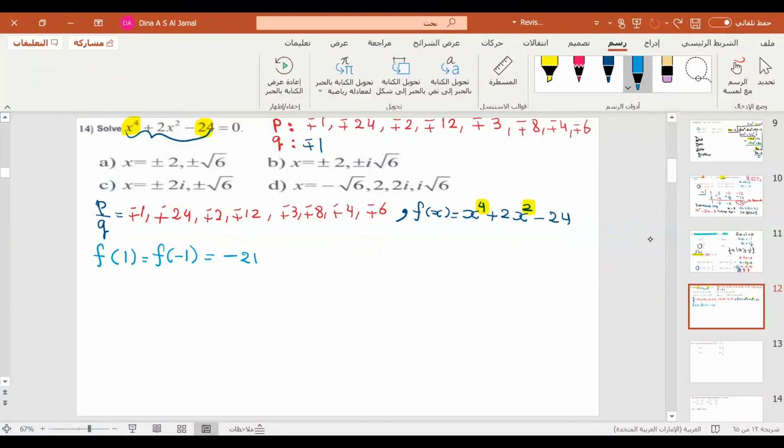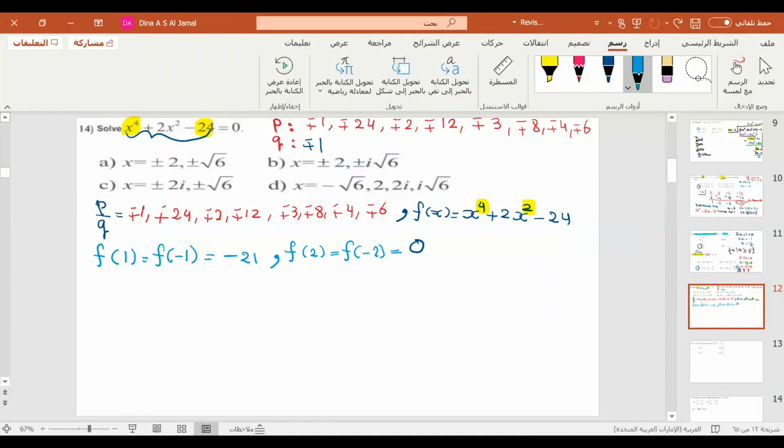Now, let's try the smaller than the bigger values. Always get used to do this. f of 2, which is the same as f of minus 2, as I said, even powers, and this value will be giving you 0.